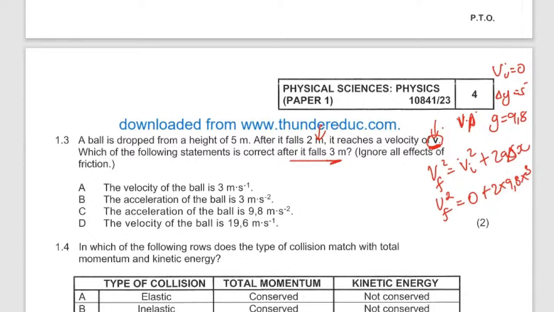On my calculator, 2 times 9.8 is 19.6. Then 19.6 times 3 gives me 58.8. Then when I find the square root of the answer, it gives me 7.67. So the velocity after 3 meters has to be 7.6.